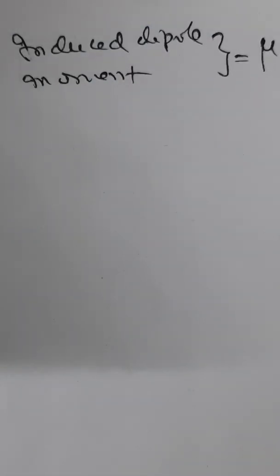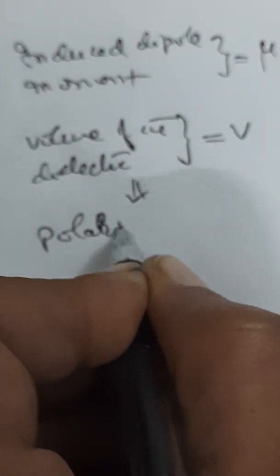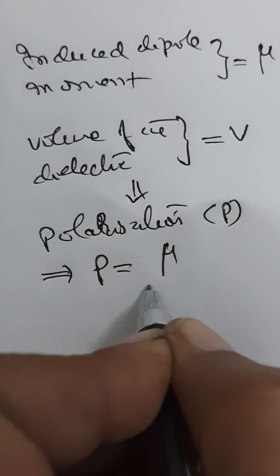So, therefore, the so-called induced dipole moment, if you take it as mu, and the volume of the dielectric material you have taken is equal to V. From these two, we can get polarization P as P is equal to the ratio between these two.